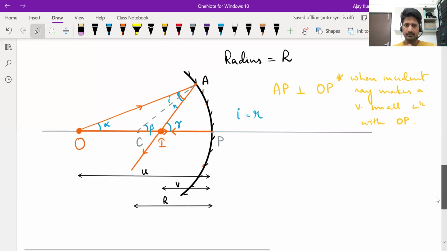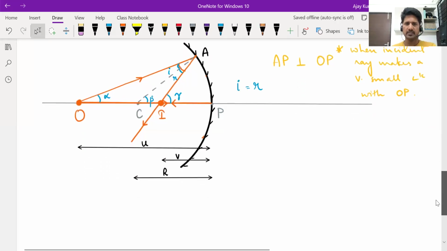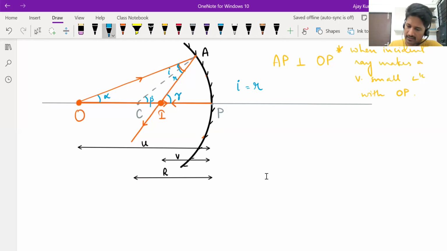Now from basic properties of triangles, you all must be aware that an external angle is equal to the sum of the internal opposite angles. Consider the triangle OAC. Beta is an external angle for it, and the internal opposite angles are alpha and I.